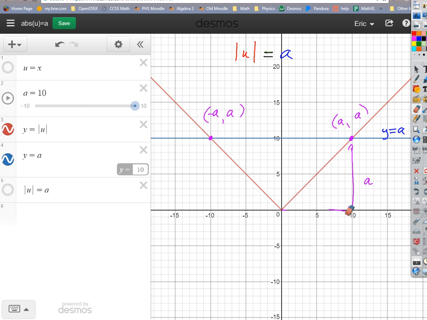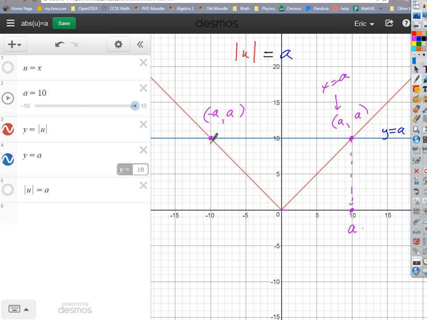Okay, so if I want to know what the solutions are then, all I've got to do is just look for the places, the x values where that happened. So here's my a value, right? That's x equals a. So one solution is down here at a.